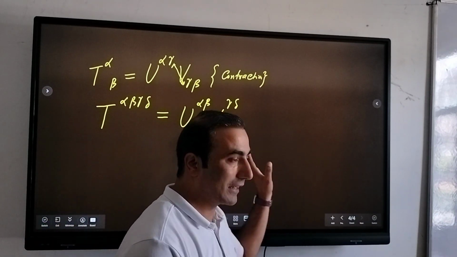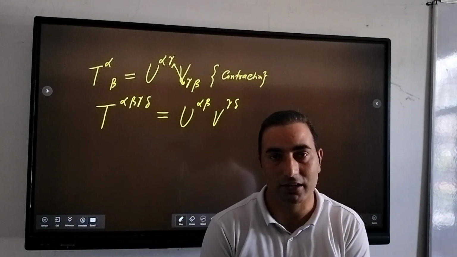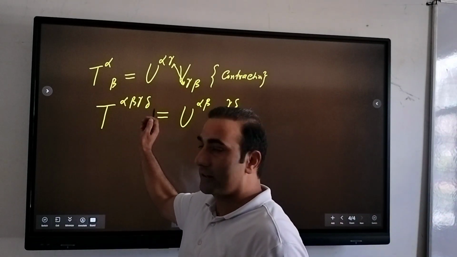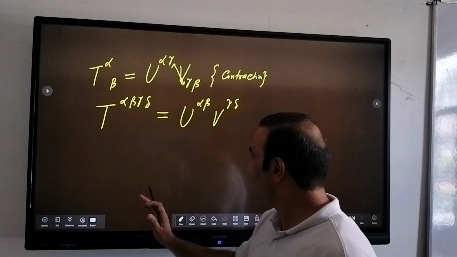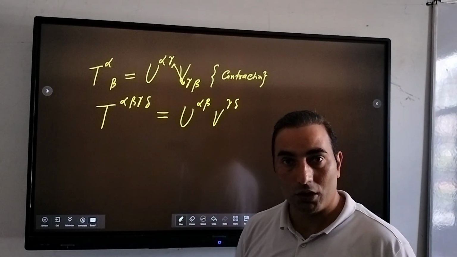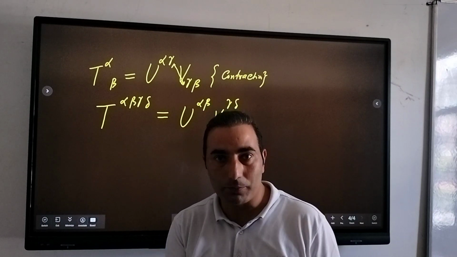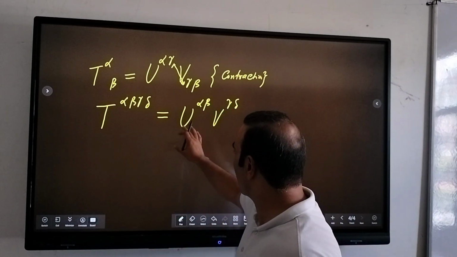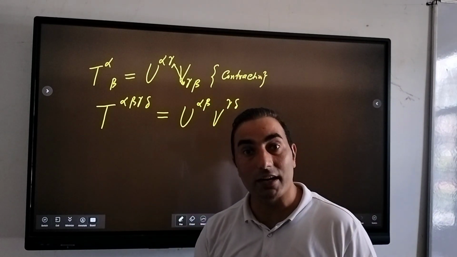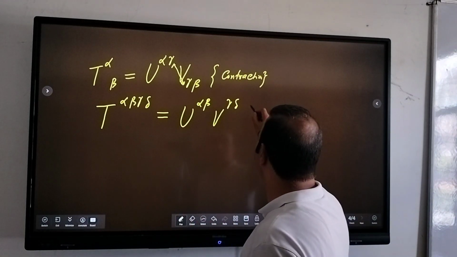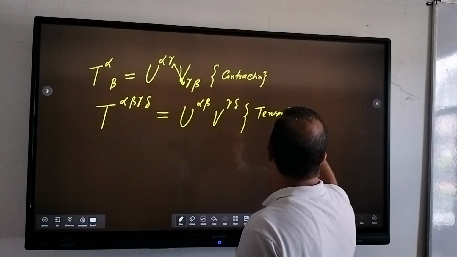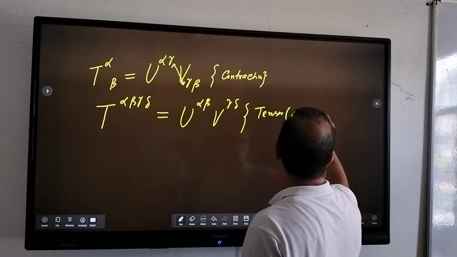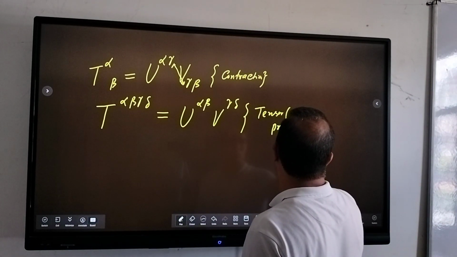Our left hand side is basically a tensor of rank 4 because there are 4 contravariant indices. But if we look at the right hand side, we have now the product of two tensors of different rank. One is a tensor of rank 2. So this is basically the tensor outer product.